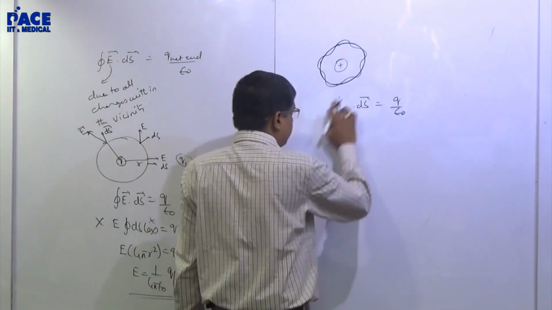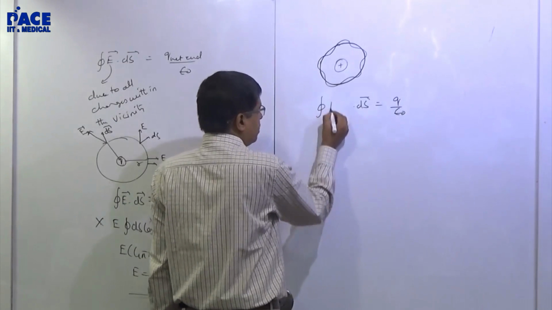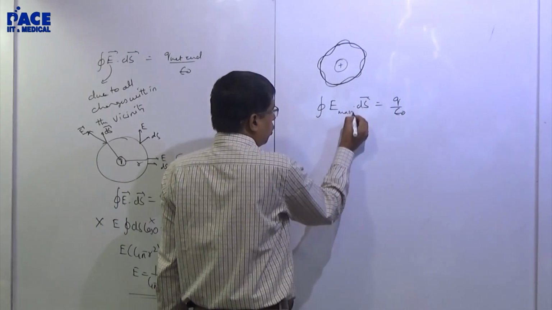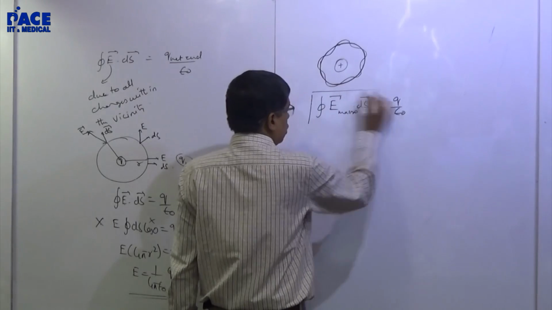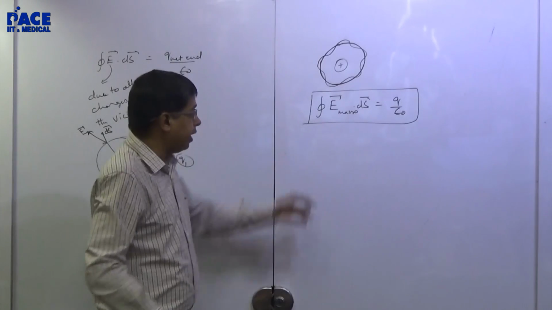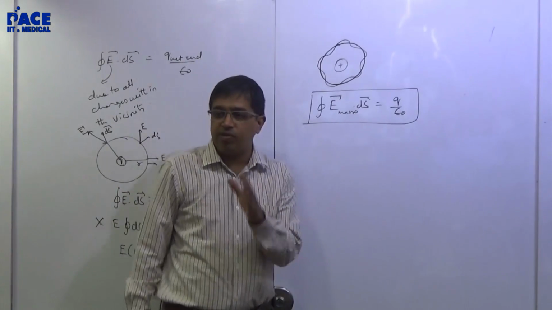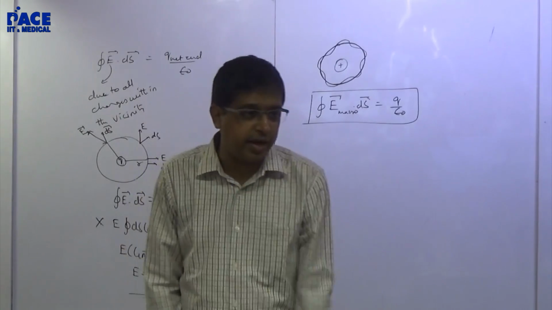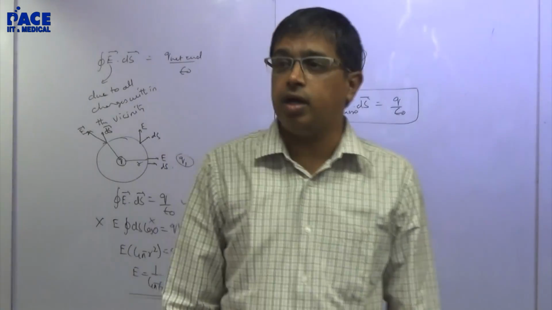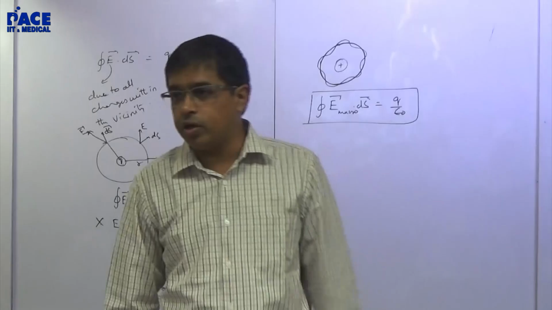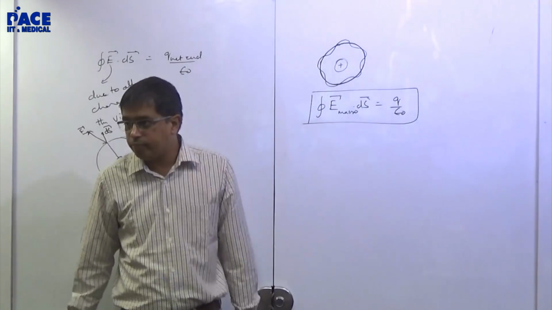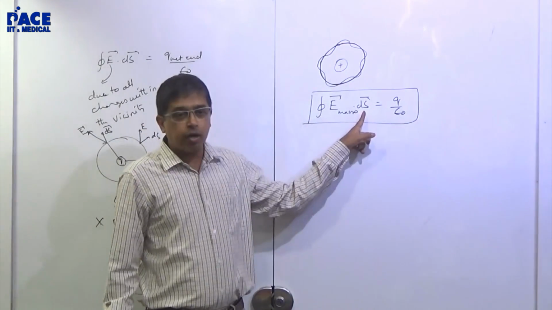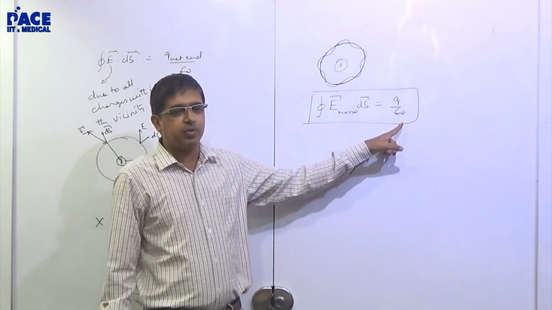Hence, Matveev specifies this: he says E macro. Gauss law is a macroscopic viewpoint. You can never tell me whether an electron is inside or outside, because probability and uncertainty come into the picture. Hence, closed integral E macro dot dS is Q by epsilon naught.